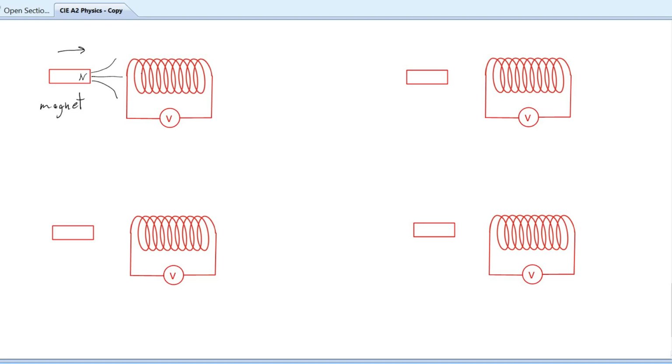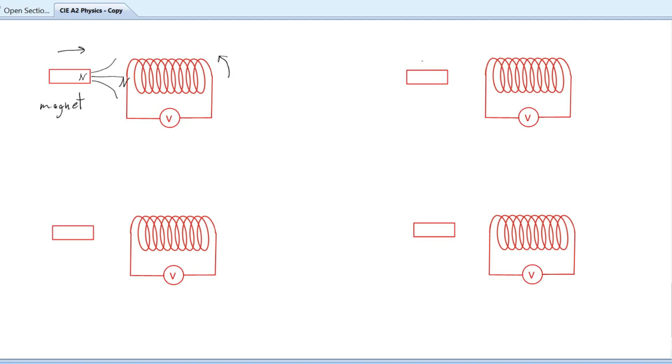So what it does is it flows in a certain direction that creates a north magnetic pole on this side, so there will be a repulsion between the magnet and the coil. So the more you try to push this magnet towards the coil, the more repulsion you will get. So that's how Lenz's law is applied in this situation.